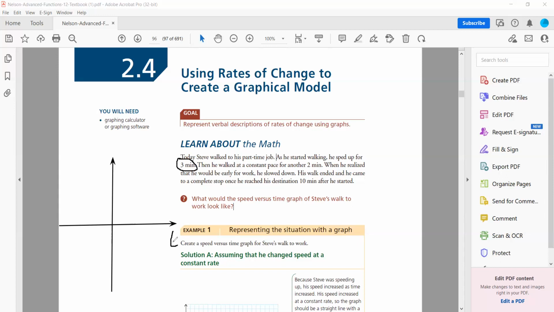So the x-axis would be time, and the y-axis would be the velocity of Steve with respect to time. Is it understandable? So, moving on, let's analyze the data that we have.